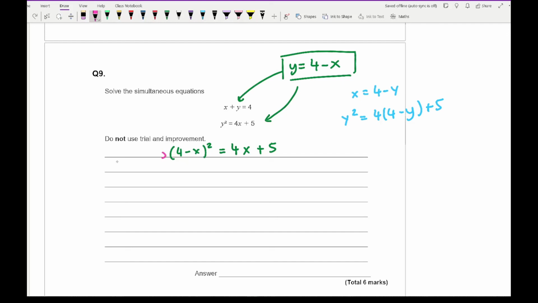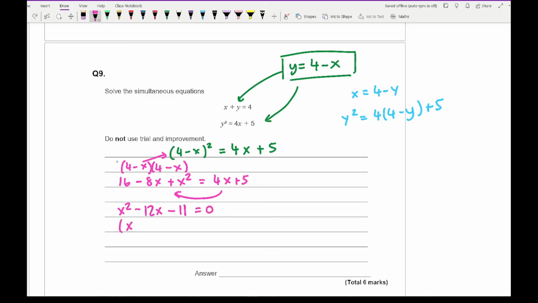Now, the key thing to remember with this is that this is a double bracket, so it's 4 minus x, 4 minus x. So if we expand that out, we get 16 minus 8x plus x squared equals 4x plus 5. Then if we take all of this to the side and just rearrange it, I end up with x squared minus 12x and plus, it's going to be minus 11 equals 0.